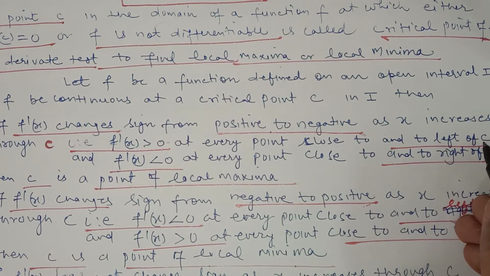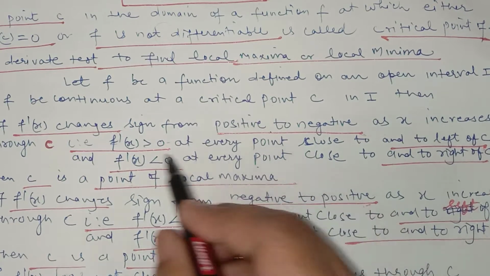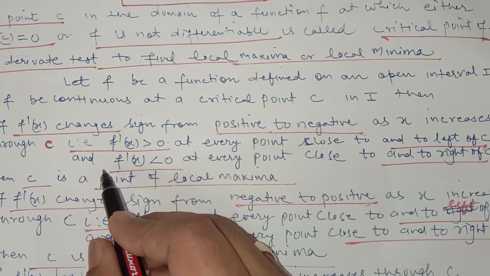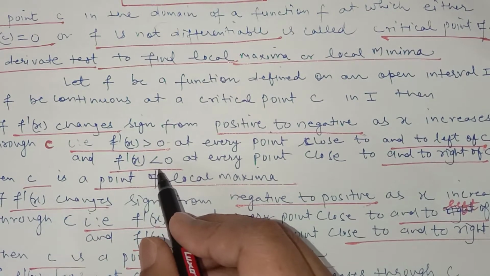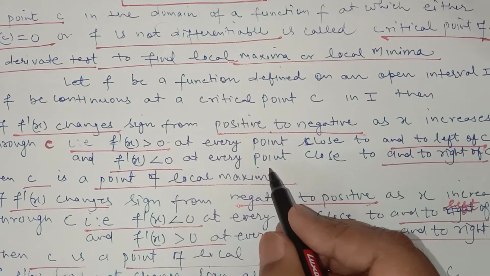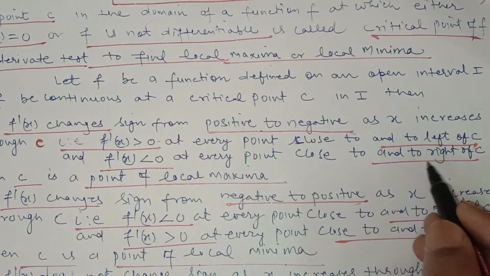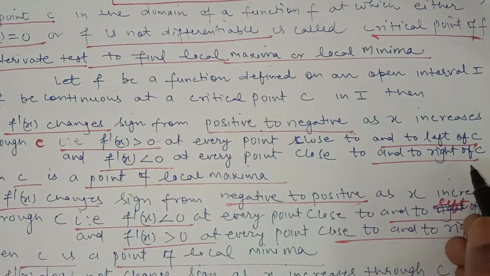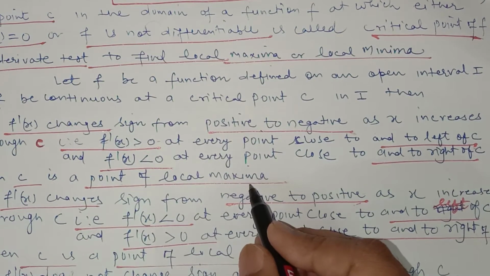That is, if we change the value of x from a smaller value than C, and the first derivative is greater than 0, and the sign of the first derivative changes from positive to negative as the value of x changes from left to right, or from a smaller value than C to a greater value than C, then C is the point of local maxima.